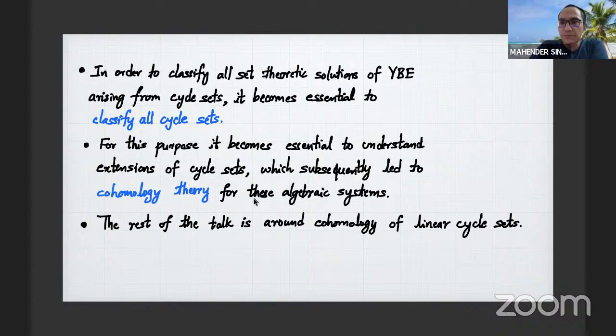So I'm going to give a very special, simpler version of this for our purpose, to formulate the results in a simpler fashion. But there is a more general version of this. It's a very nice, recent work of Leonardo van der Veen and Victoria Levitt. So the rest of the talk will be around the cohomology of these algebraic systems, which give non-degenerate involutive set theoretic solutions of the Yang-Baxter equation.